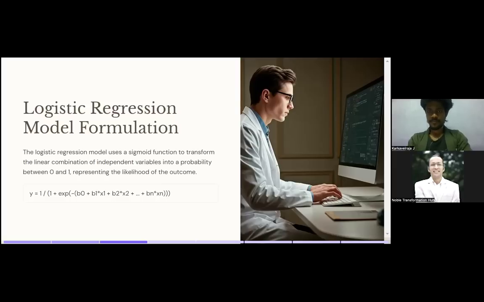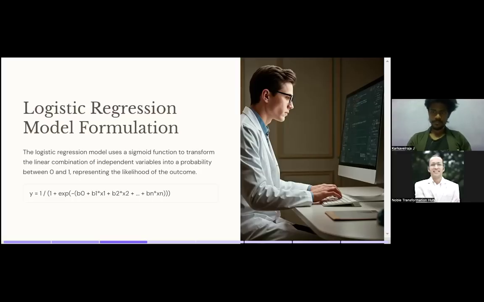Okay. So the logistic regression model formula: the logistic regression model uses a sigmoid function. That is what you need to understand. First idea, it uses the sigmoid function to transform the linear combination of independent variables into a probability between 0 and 1. Why?